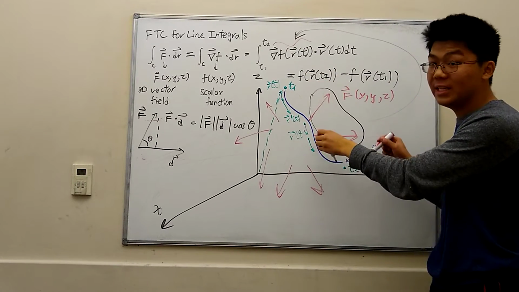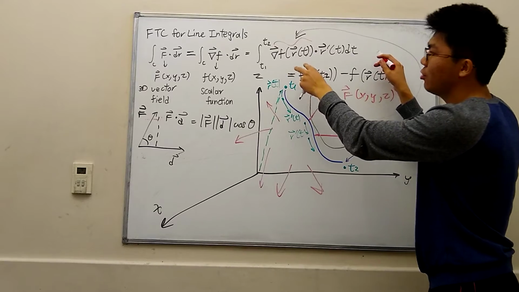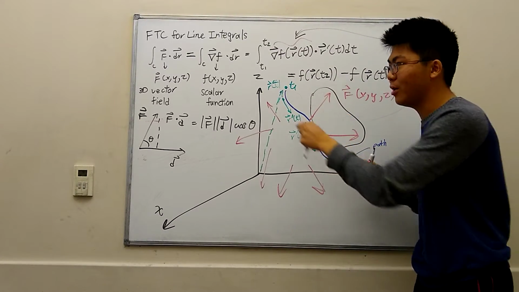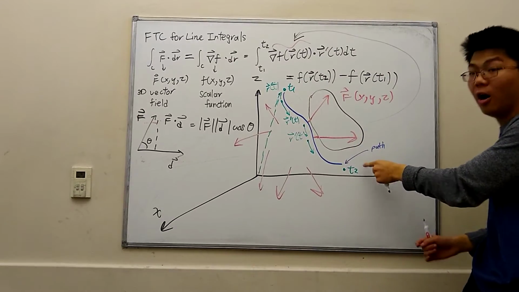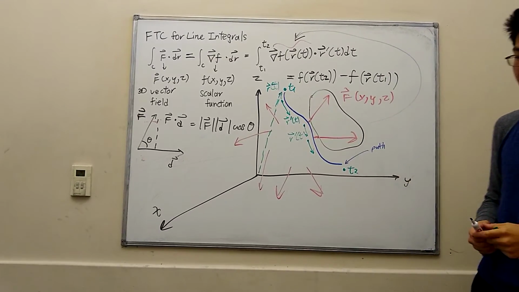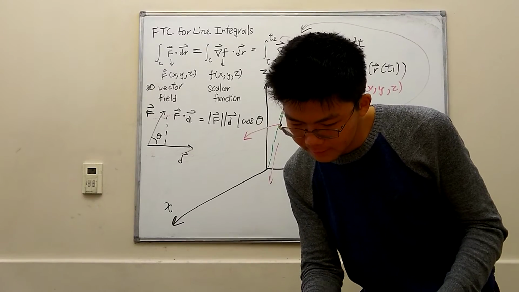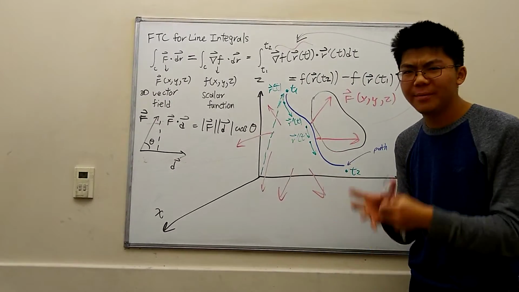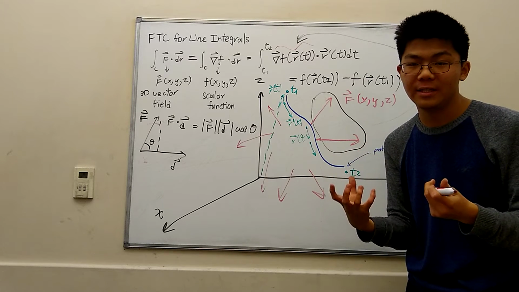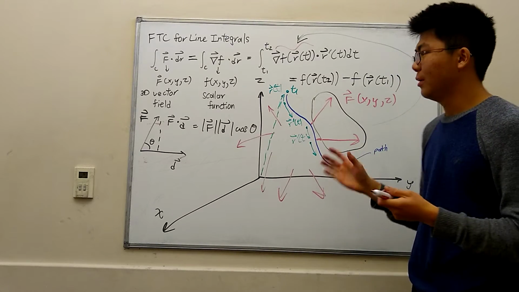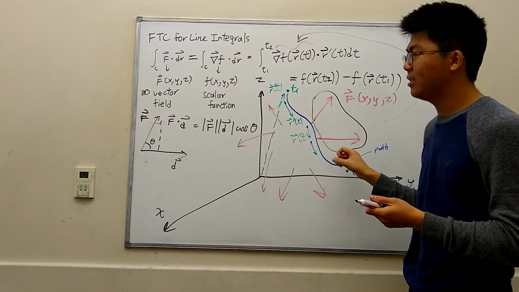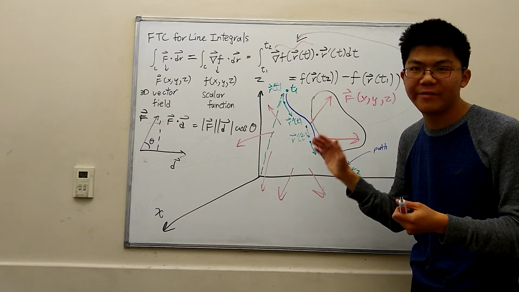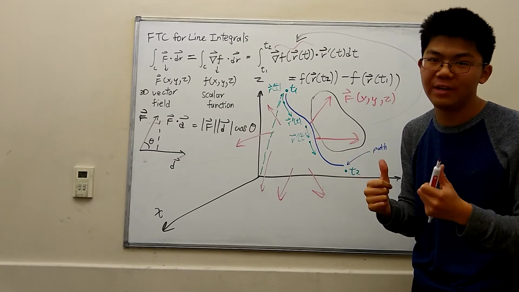And as r prime of t is moving, we're using the integral expression to sum up the total values of the dot product from t1 all the way to t2. Now, I hope this helps clear up the basic intuition behind the line integral. This concept applies for all line integrals in all fields, not just for conservative fields, but for non-conservative ones as well.